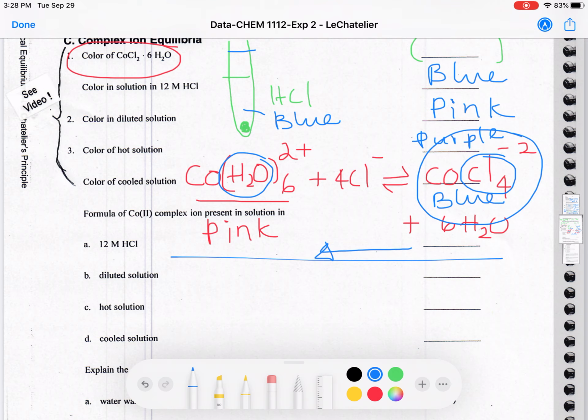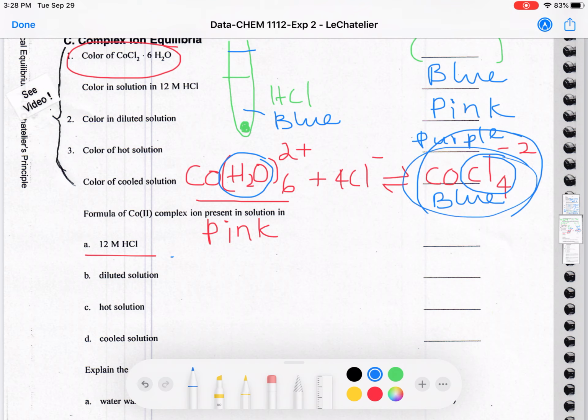So the formula of the cobalt complex in 12 molar hydrochloric acid: which compound do you think exists, the cobalt hexahydrate or the cobalt tetrachloride? Which one in hydrochloric acid? It should be this complex right there. You just have to write down that name. Formula of the cobalt complex.